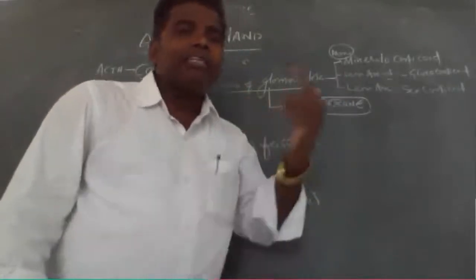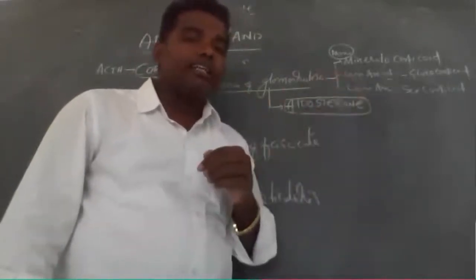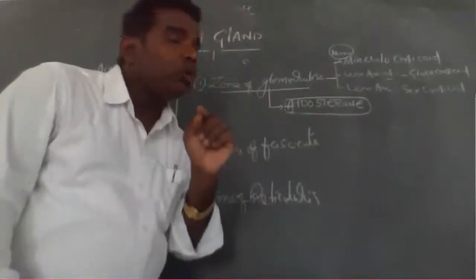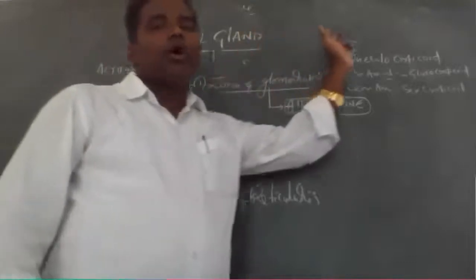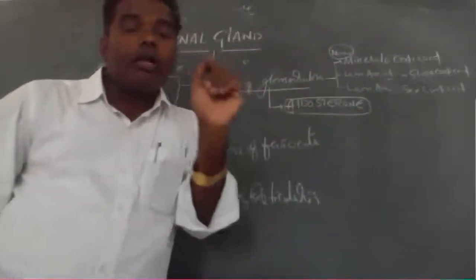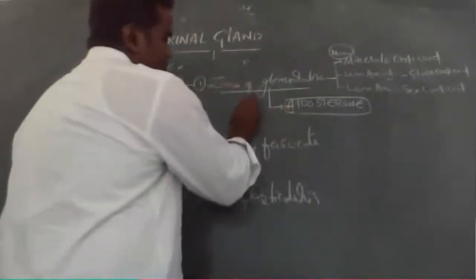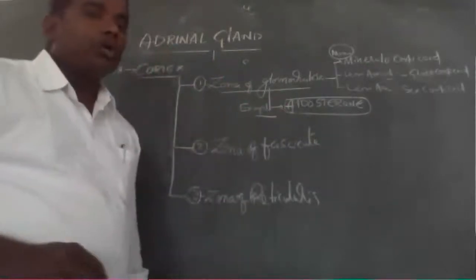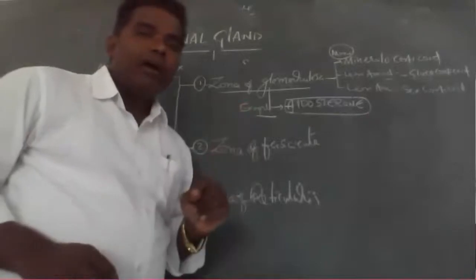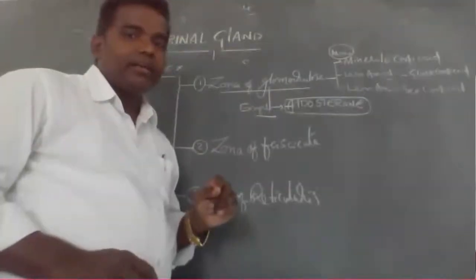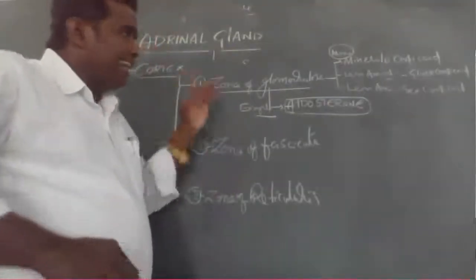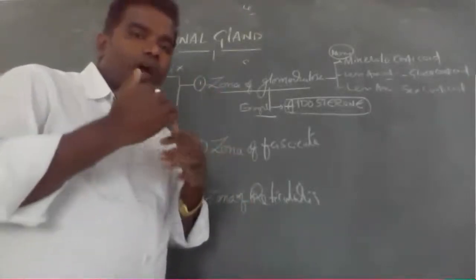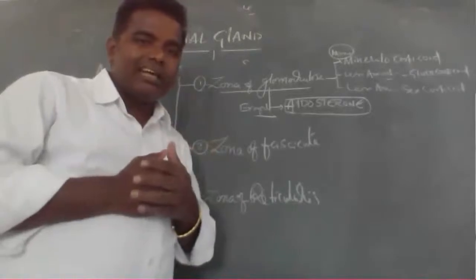For example, out of 100%, 99% is mineralocorticoid and the remaining 1% is sex corticoid and glucocorticoid. So the zona glomerulosa secretes mineralocorticoid hormones, for example aldosterone.